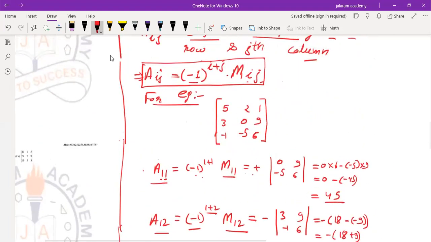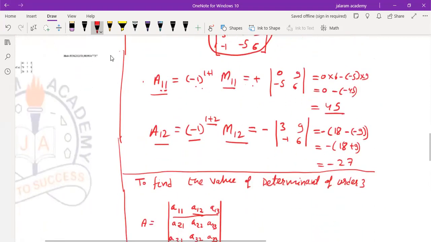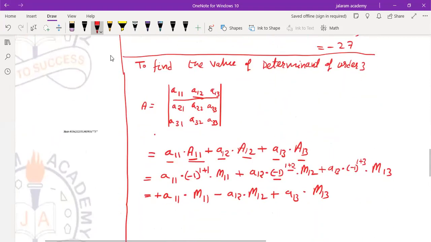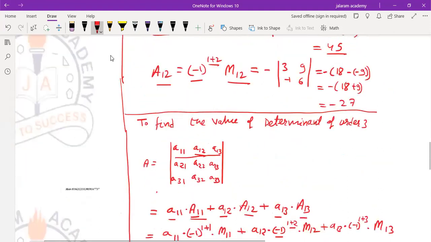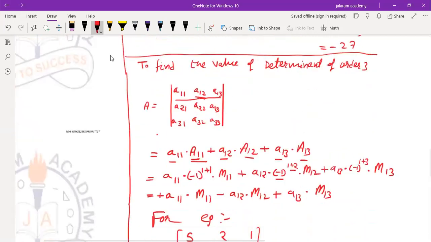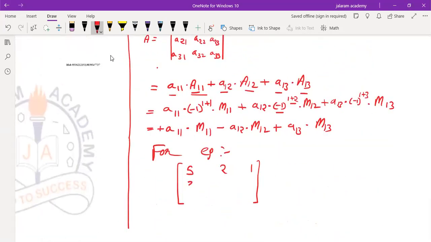For example, if we discuss this determinant also. First row is 5, 2, 1. Second row is 3, 0, 9, the three elements of second row.